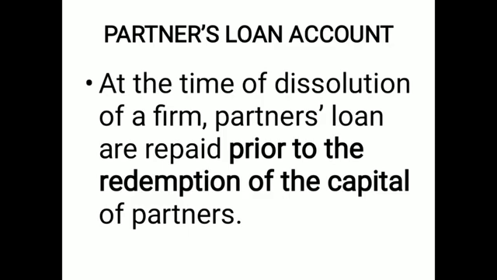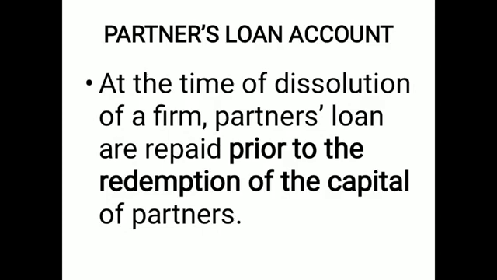The second point said the payment of liabilities. The third point said the payment of partner's loan. And if the amount is not sufficient, the amount of loan is to be repaid in the proportion of loan of partners. I have explained this in detail in the previous lecture.